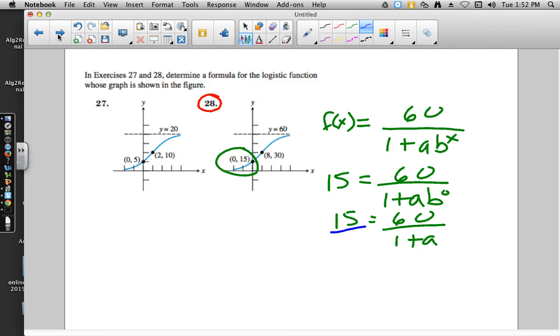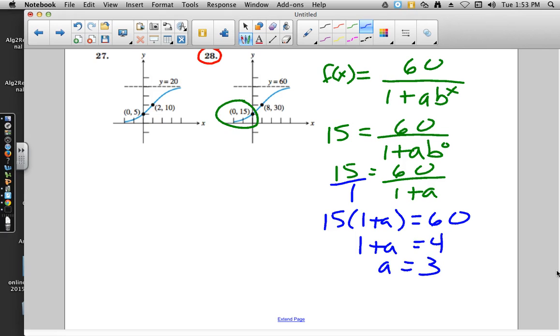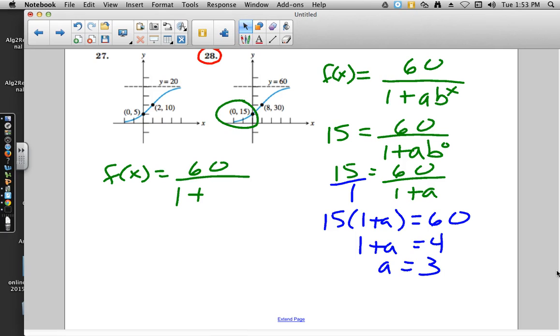And as you saw in class, the easiest thing to do is to pop a 1 underneath there and do a little cross multiplying, keep it all logical, and divide both sides by 15 and subtract. And we get an a value of 3. So now we have our f of x equals 60 over 1 plus 3 b to the x.